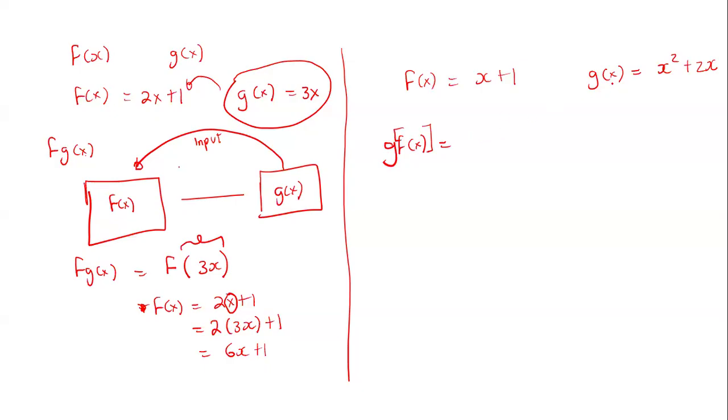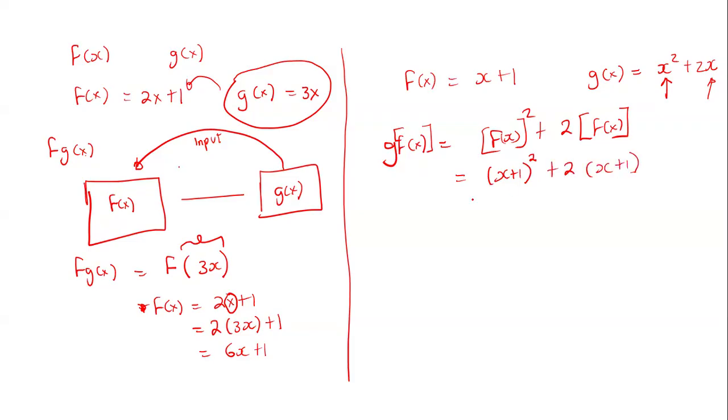So in other words, when I come in g, where there is x is where I put f of x, everything squared, plus 2, where there is x is where I put f of x. That is the meaning. Wherever there is x, you replace it with f. So for such a case, we shall have x plus 1, everything squared, plus 2 into x plus 1.